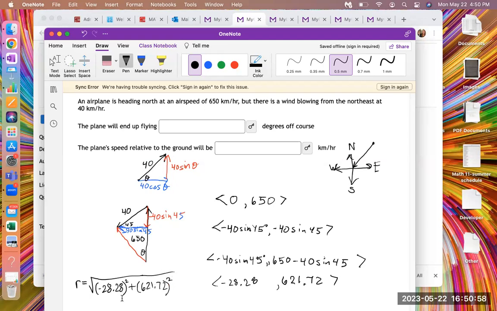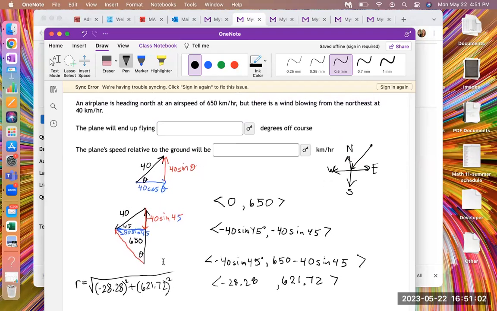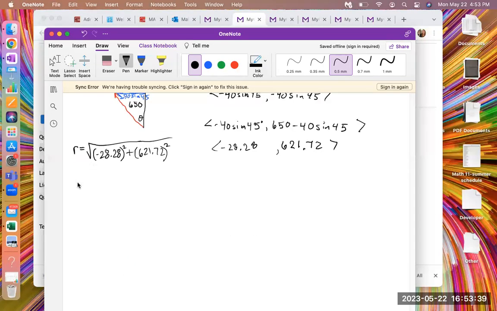Okay, so then I solve that and I get r is equal to 622.36. So that is the wind speed that they're talking about.